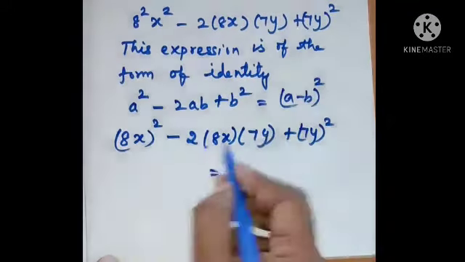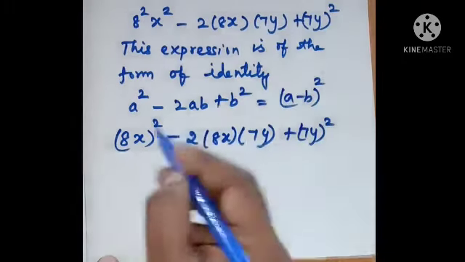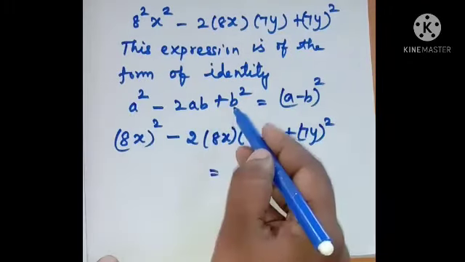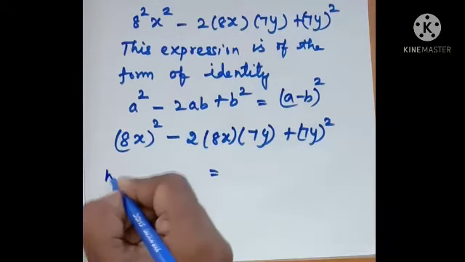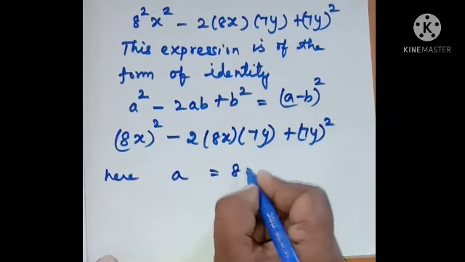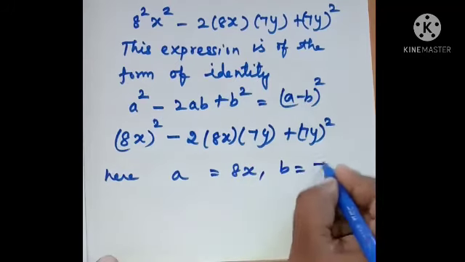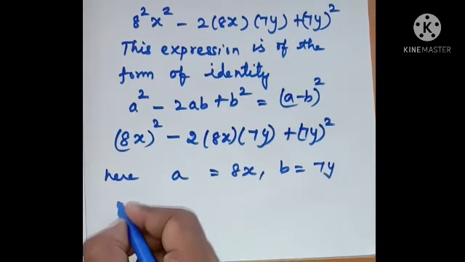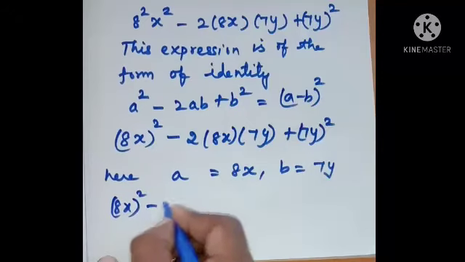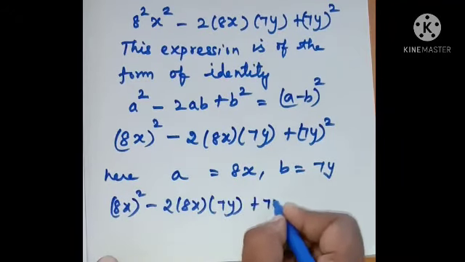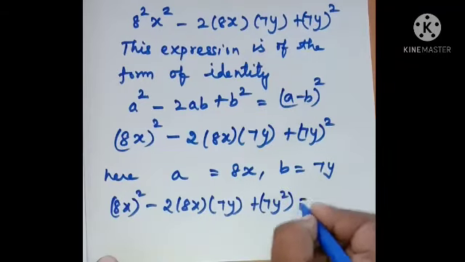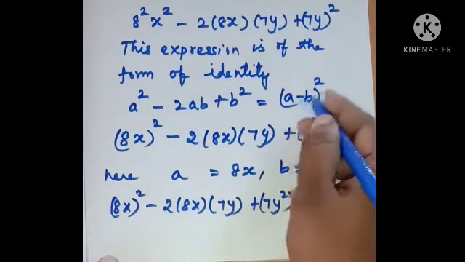So here what is a? It is 8x, and what is b? It is 7y. So here a is equal to 8x and b is equal to 7y. Now we get 8x the whole square minus 2 into 8x into 7y plus 7y square as a minus b the whole square.